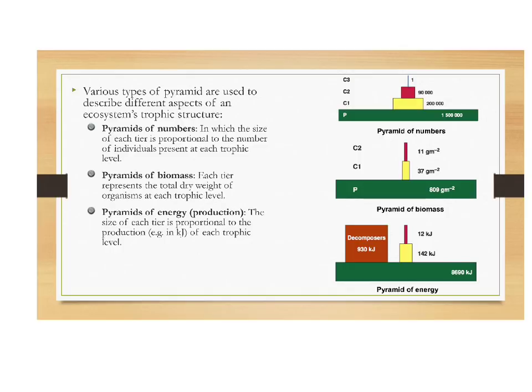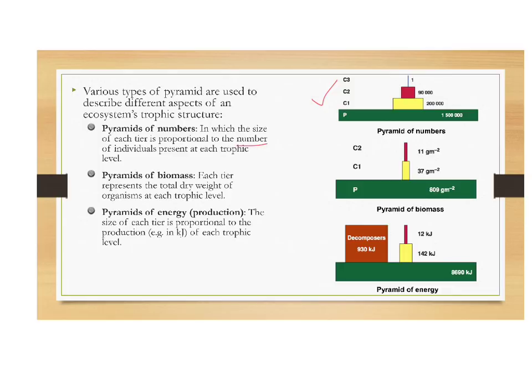All right, so I had talked to you about the fact that there are different types of ecological pyramids: pyramids of numbers, pyramids of biomass, and pyramids of energy. A pyramid of numbers is a pyramid in which the size of each tier is proportional to the number of individuals present in each trophic level.